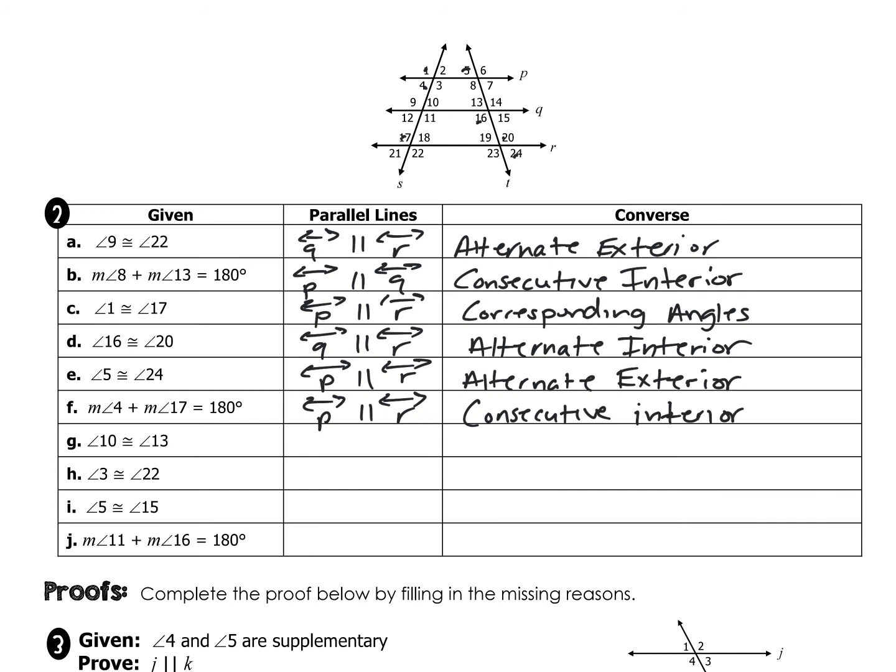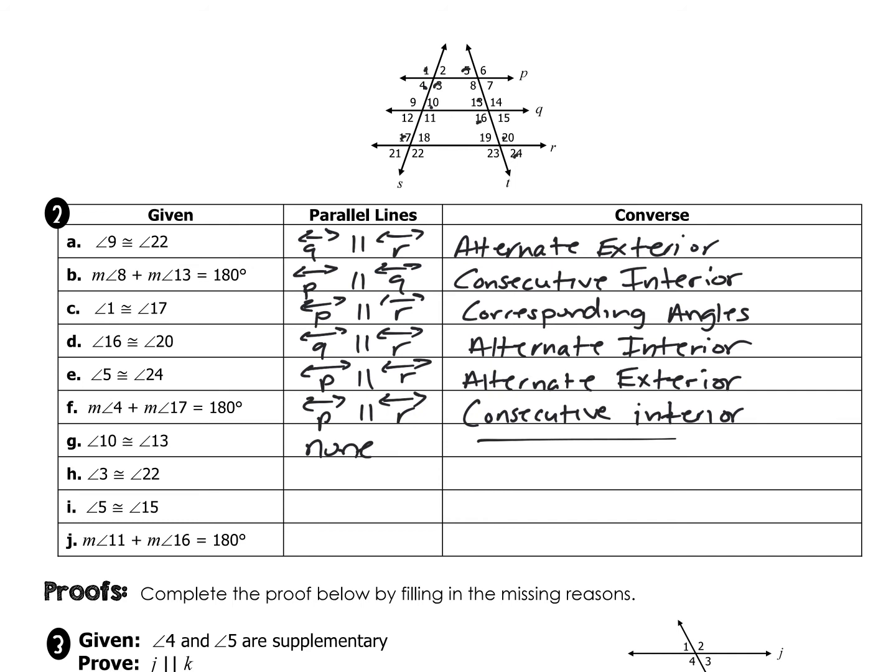Okay, angle 10 and angle 13 are congruent. Those are on different transversals, and so this is nothing. Okay, they can't be on different transversals. They have to be on the same transversal.